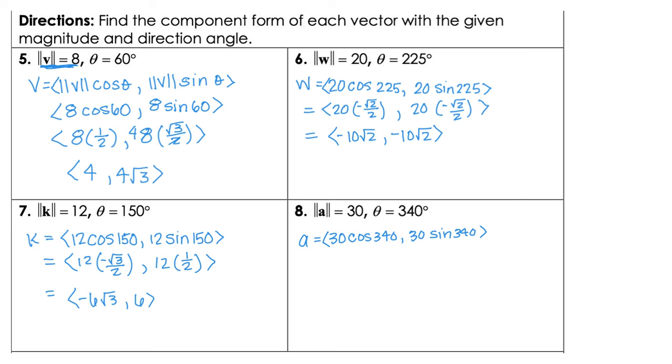And put that in your calculators. And that should give you 28.19 and negative 10.26. That is what I got.